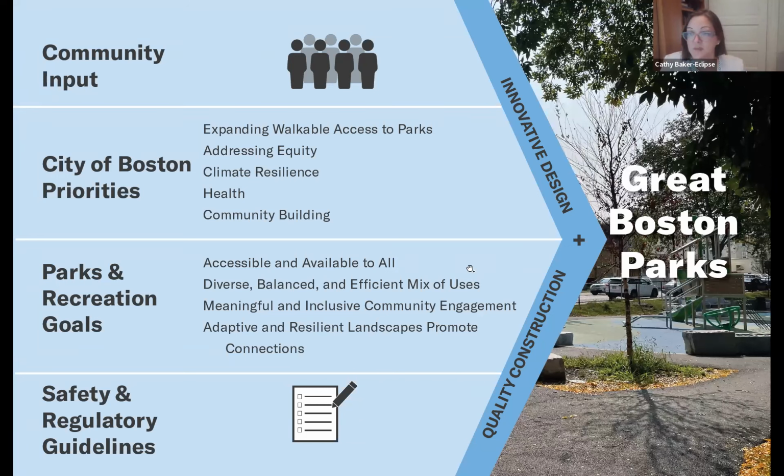So community input is an important part of our design process. It is not the only thing that we are thinking about when we're thinking about improvements to our park. The city of Boston has a list of priorities that we're trying to advance: creating walkable access to parks, keeping equity at the center of what we do, thinking about how we can protect the city through our parkland and other city assets from climate resilient elements.